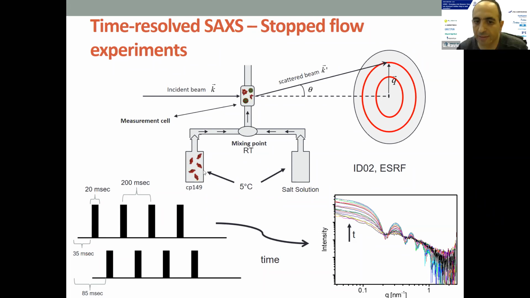So by mixing the protein with salt, we could generate the assembly. And here we kept the temperature at the higher temperature. And then we took data that looks like this. This is the time-resolved data. As you can see, as the time goes by, you can see an increase in the depth of oscillations that generated the data, which means that there is assembly.